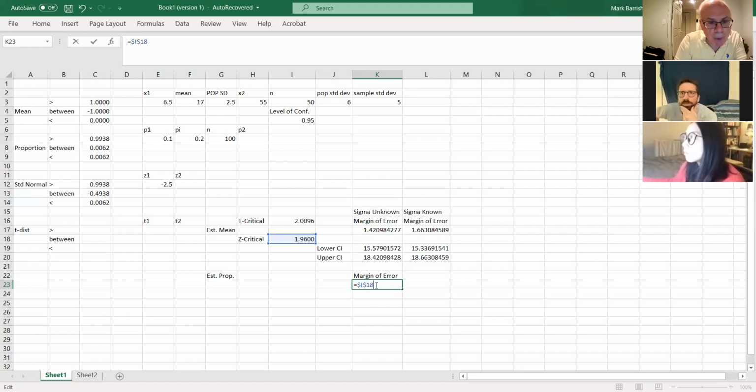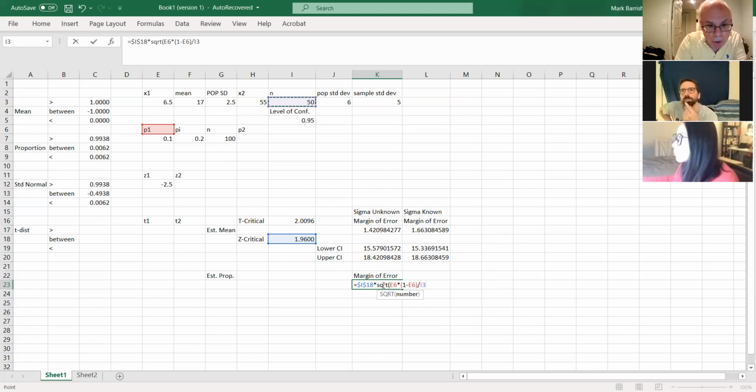And then we're going to multiply it by our standard error, which is the square root of what? P, this one here, our sample proportion, times, in parentheses, 1 minus that, divided by what? N, right? N, which is just this here.